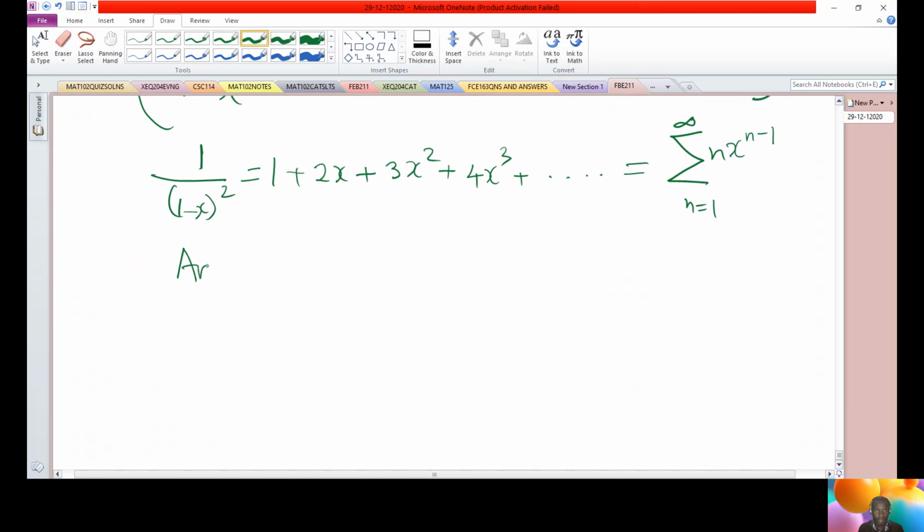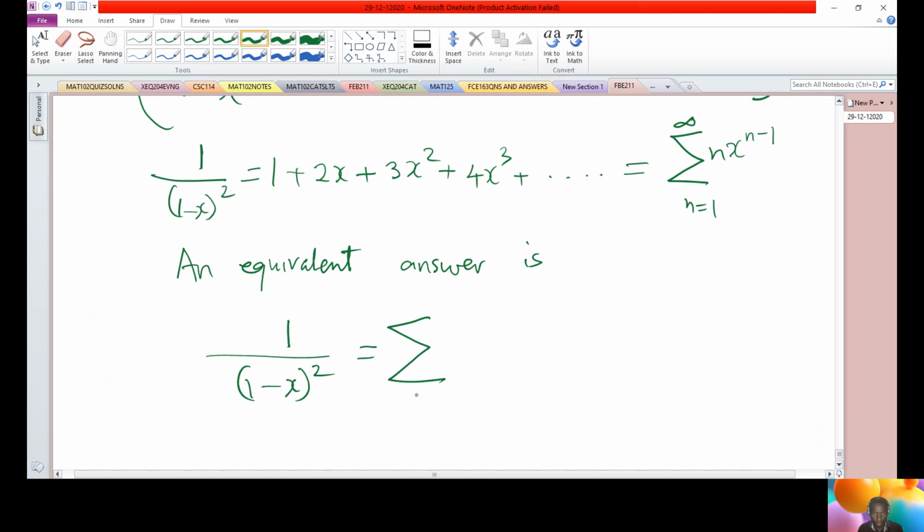So an equivalent answer is 1 over 1 minus x squared equals the summation n from 0 to infinity of n plus 1 times x raised to n. So always just play with these indices. It's a dummy variable.